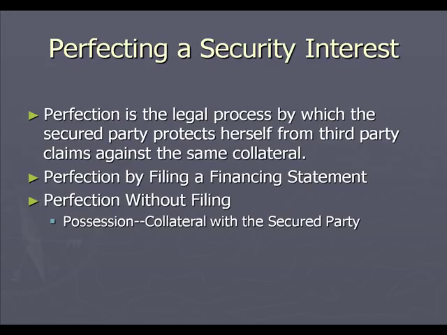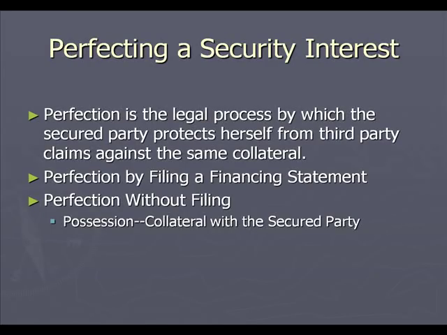Now what the filing does is it goes to the state and it becomes a publicly available record. So what that means is if the debtor who owes me the money and has pledged their ring goes to Bank B and asks for a loan and says, I will pledge my ring, Bank B will first do a search. A lot of times it's just called a UCC 9 search.